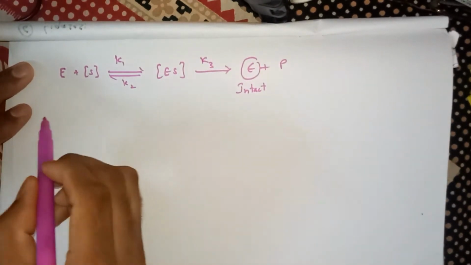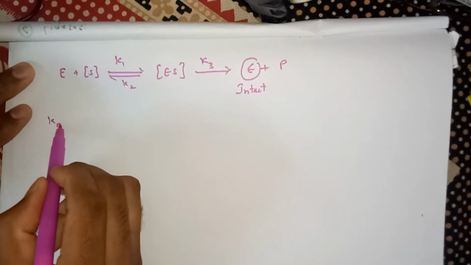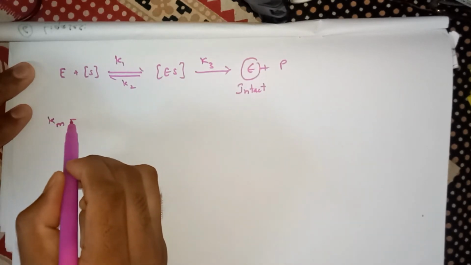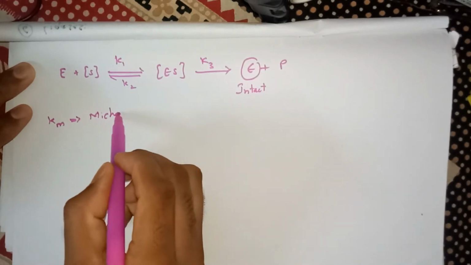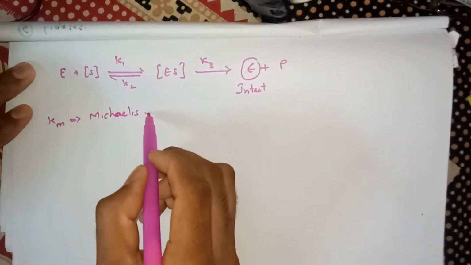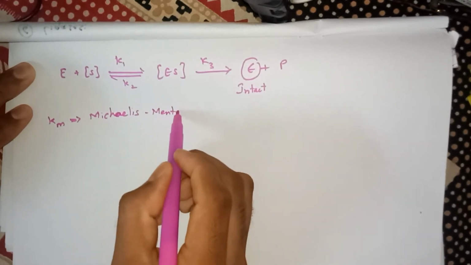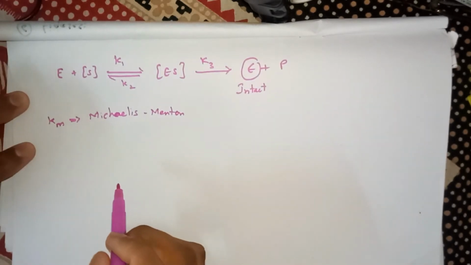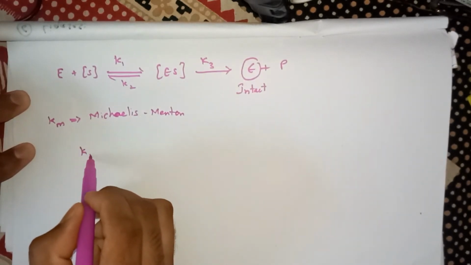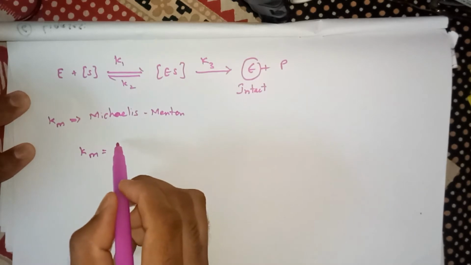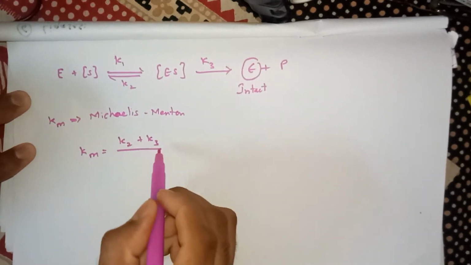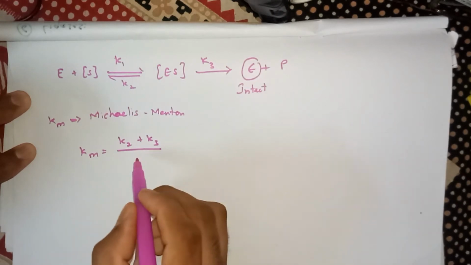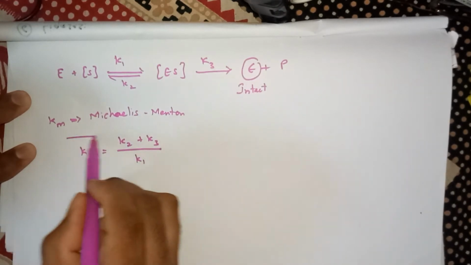There is a constant called the Michaelis-Menten constant, denoted by Km. This Michaelis-Menten constant is written by the formula Km is equal to K2 plus K3, that is the second and third reaction addition, divided by K1.